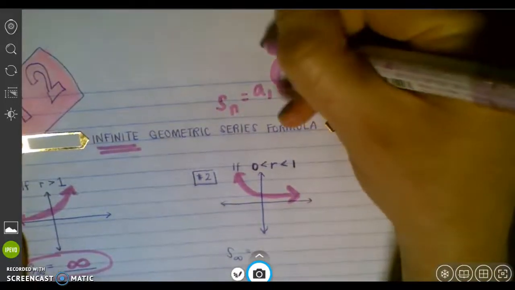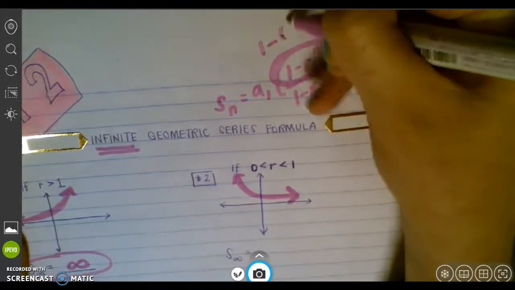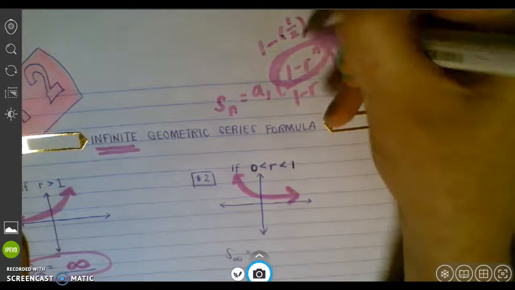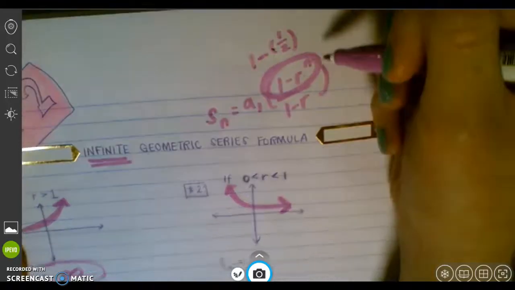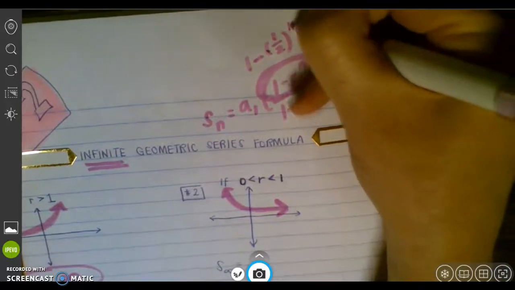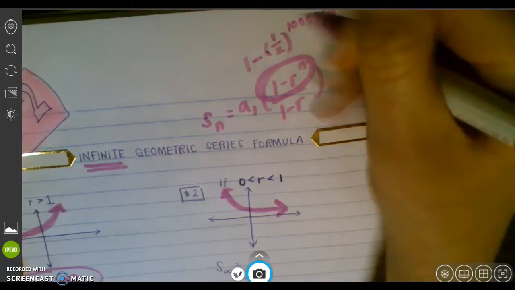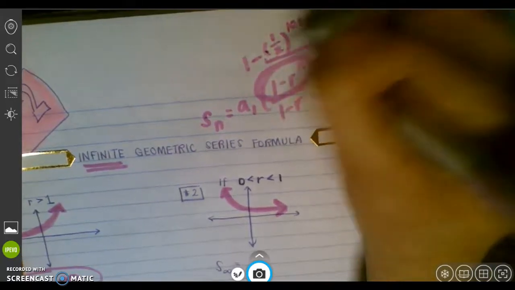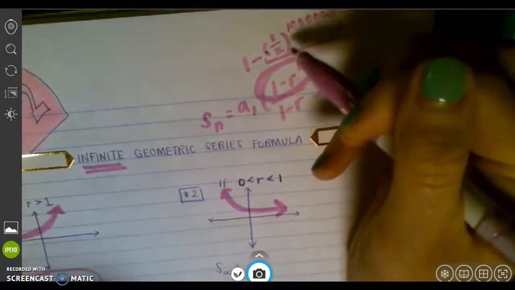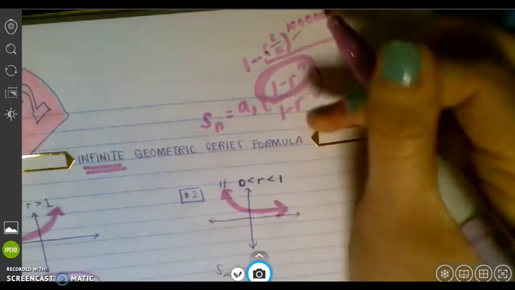Because if I have 1 minus some small fraction, maybe 1/2, raised to infinity, well, it's hard to think about infinity as an actual number, so if we raise that to the millionth power, this is going to be such a small fraction, a half times a half times a half times a half, infinitely many times, that it's not going to be significant anymore.